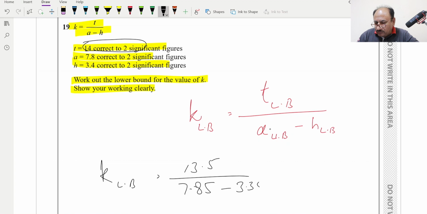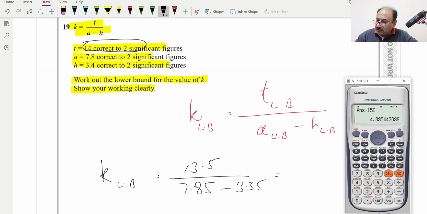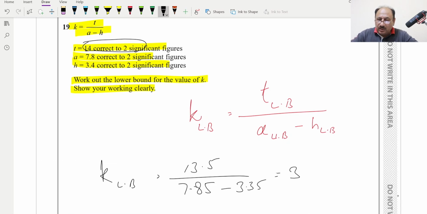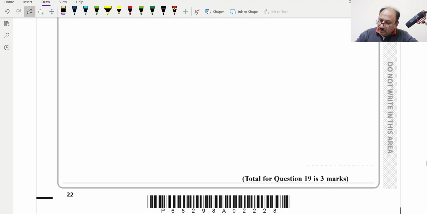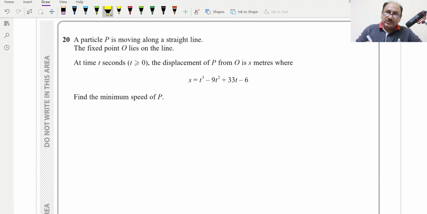The rest is just calculator use: 13.5 over 7.85 minus 3.35 is equal to 3. So our answer is 3. Hopefully you understood this. Question number 20.